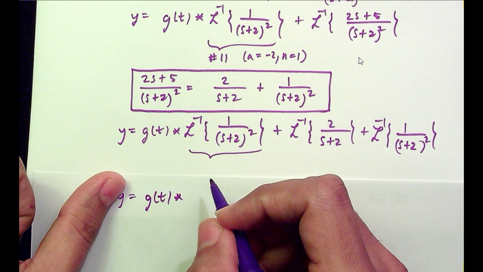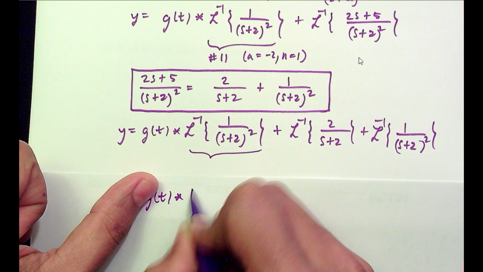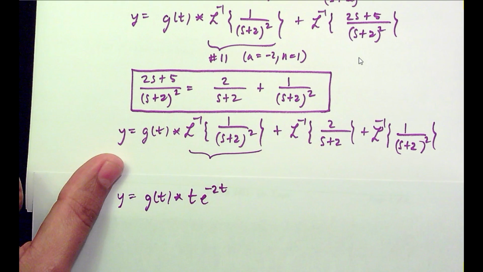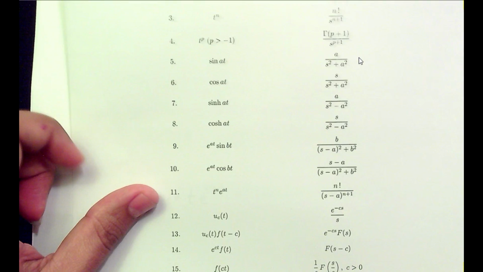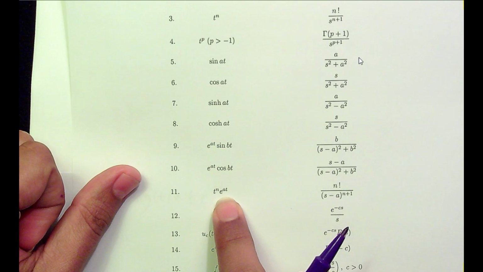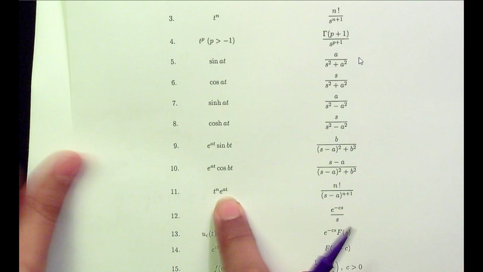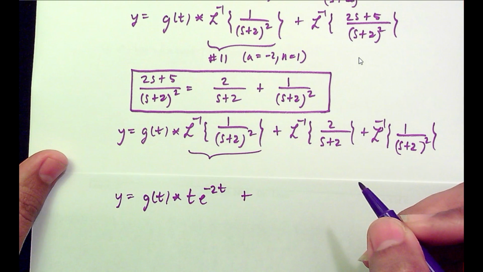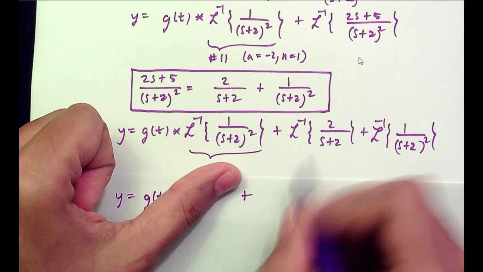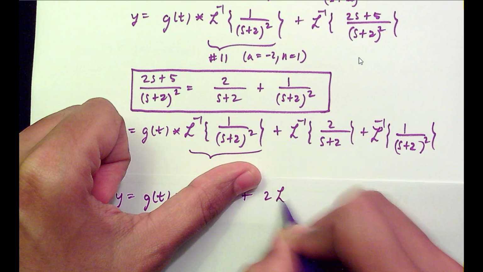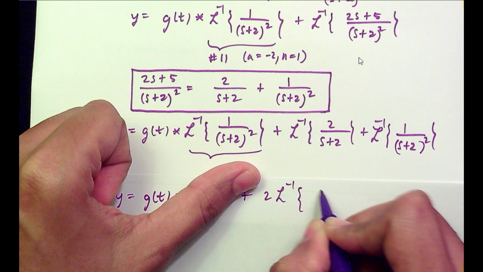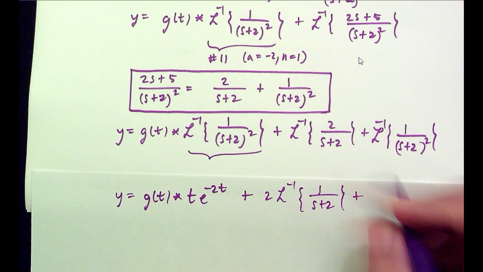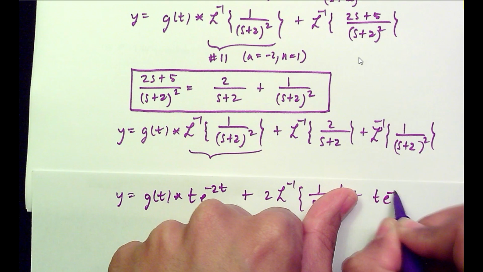So that is t e to the negative 2t. Number 11, when n equals 1, is t, and then a equals negative 2, so e to the negative 2t, plus that one, we have to pull out the 2, so 2 Laplace inverse of 1 over s plus 2, plus this one is that one, t e to the negative 2t.